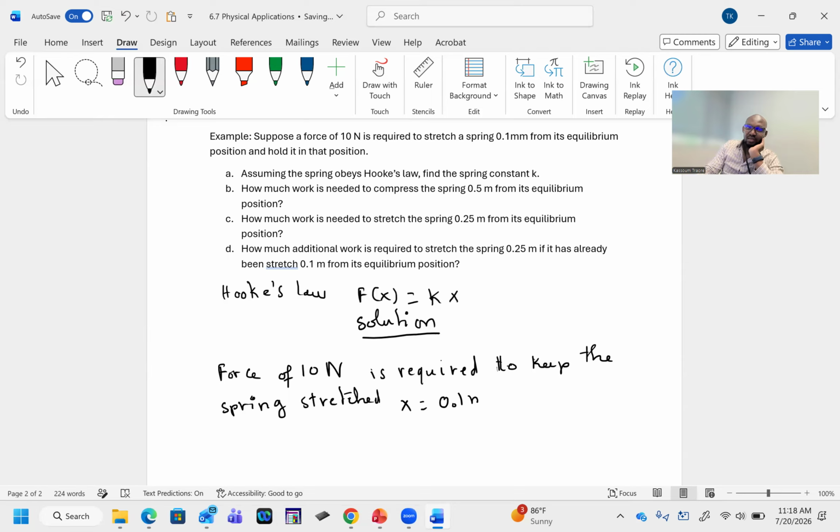0.1 meter. And sorry, this was not millimeter, this is 0.1 meter. Okay.